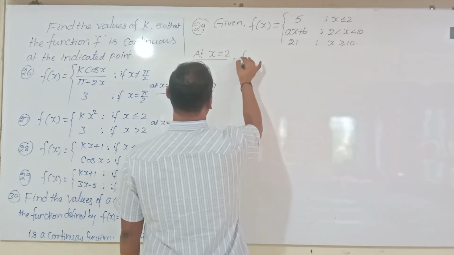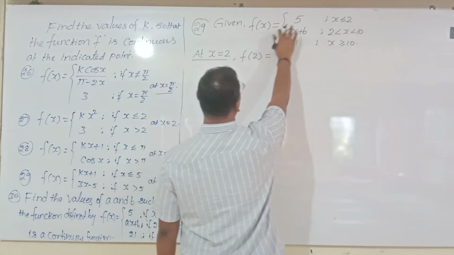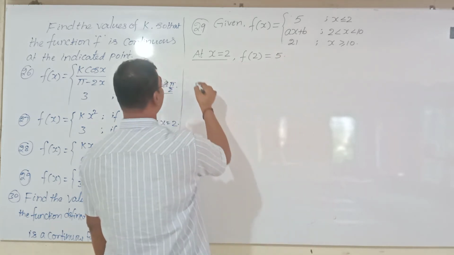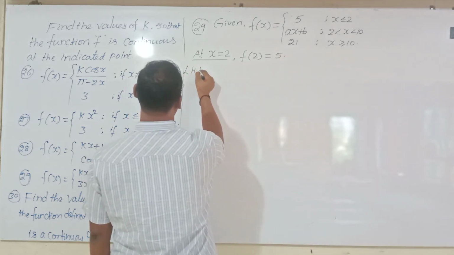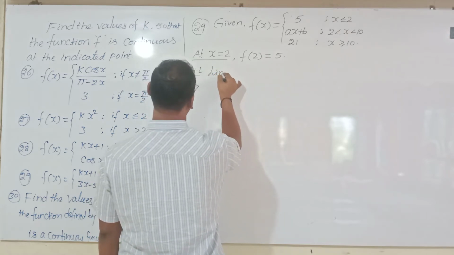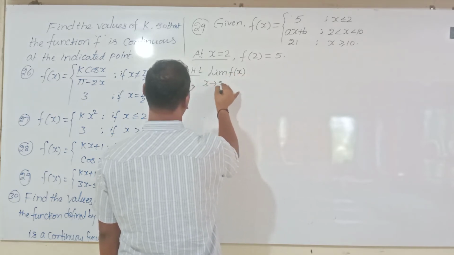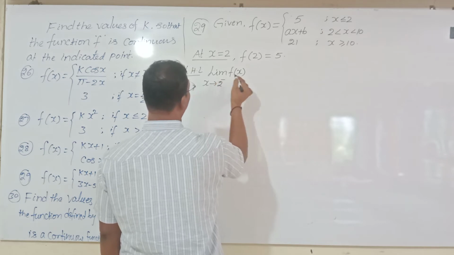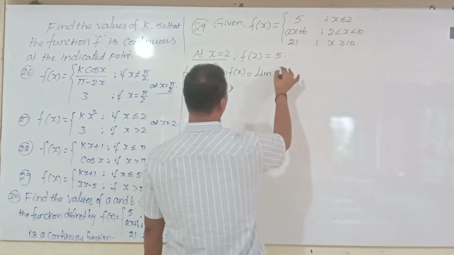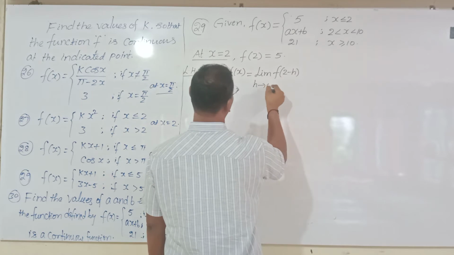Okay, f of 2. When x is equal to 2, what is the f of x value? It is 5, clearly. Now the same process. Left hand limit: limit of f of x as x approaches 2 minus, that I have to write as limit of f of 2 minus h as h tends to 0.